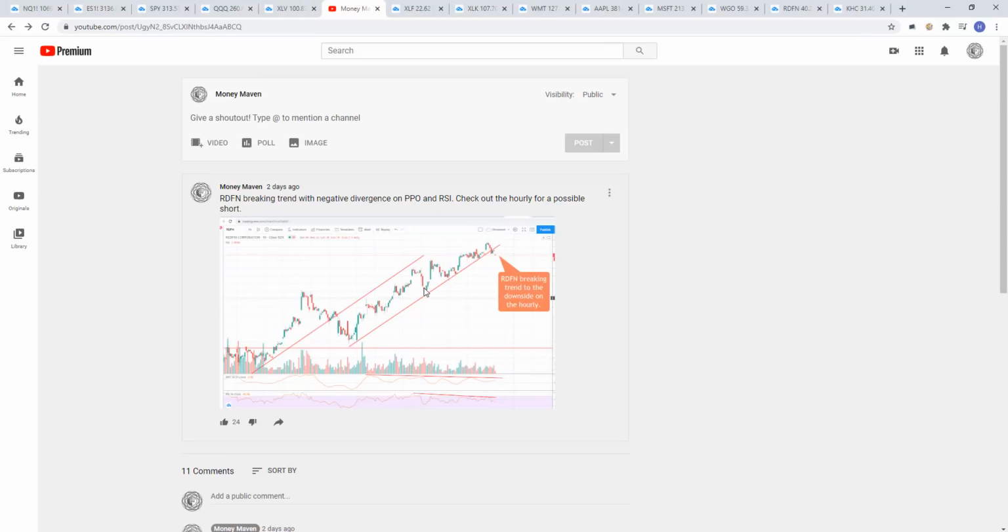So in this one, I just said Redfin's breaking the channel right here, and it looks like it's setting up for a good short. I just put those posts out, and if you hit that bell icon, you'll get notifications. I don't do them all the time, but sometimes I'll see something that just seems time sensitive, and I'll try to get it out.